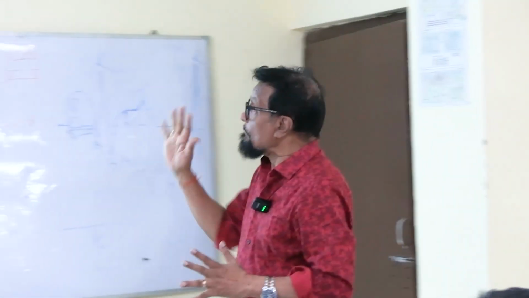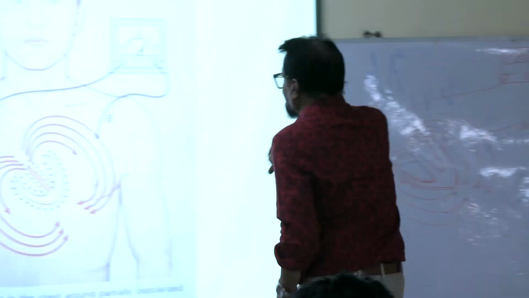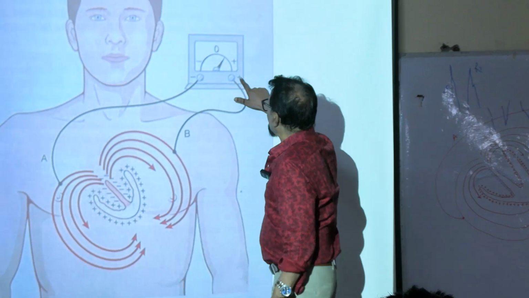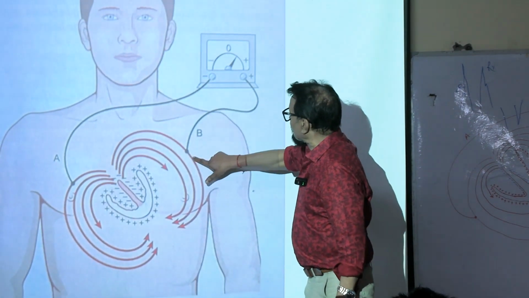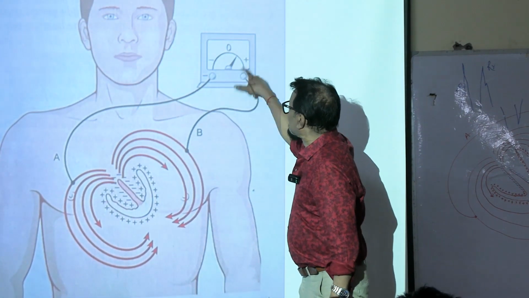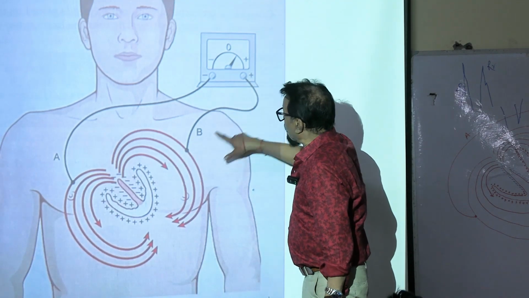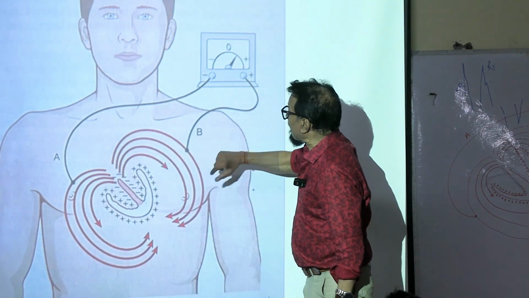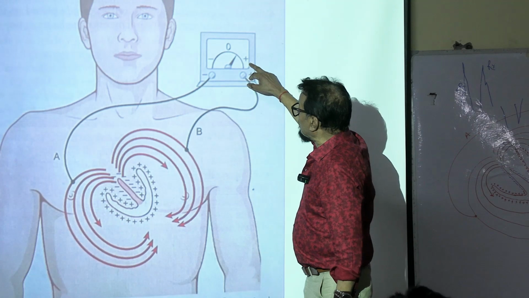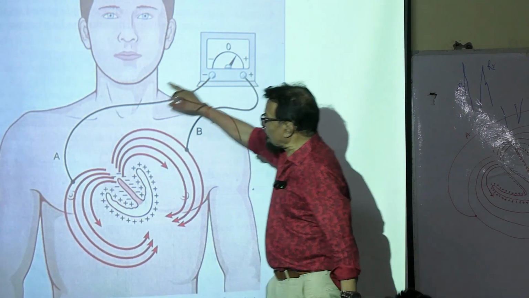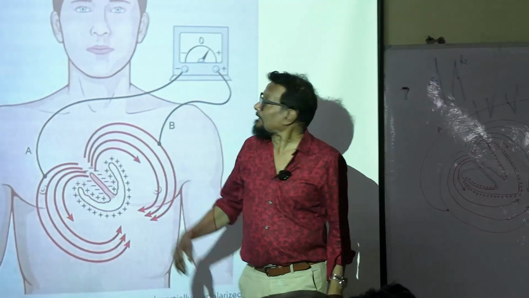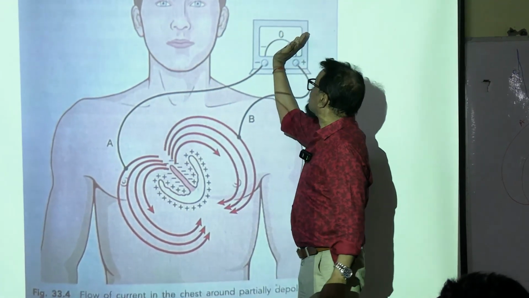Okay. So now see one thing. This is the positive pole, this is the negative pole. I connected the galvanometer, positive pole here on the left hand, and the other pole here. Now what will happen? The deflection is on the positive side.